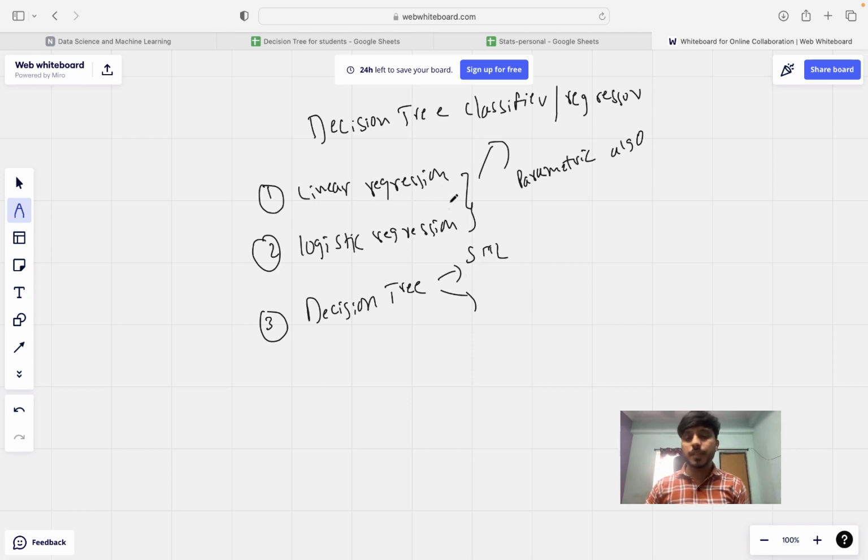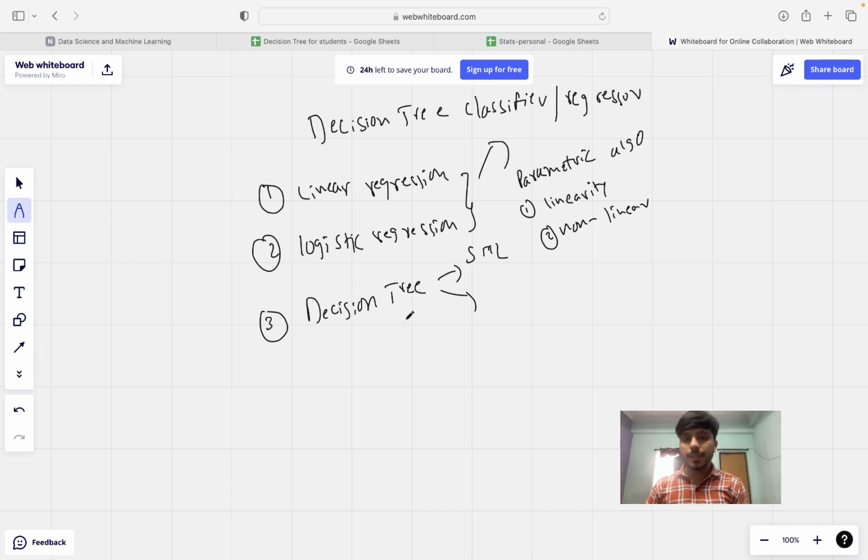One of the major assumptions of these two algorithms is that the data should follow linearity. What if your data is non-linear? If the data is non-linear, both of these algorithms may fail. They may not perform as well as they perform for linear data. There comes decision tree to the rescue.